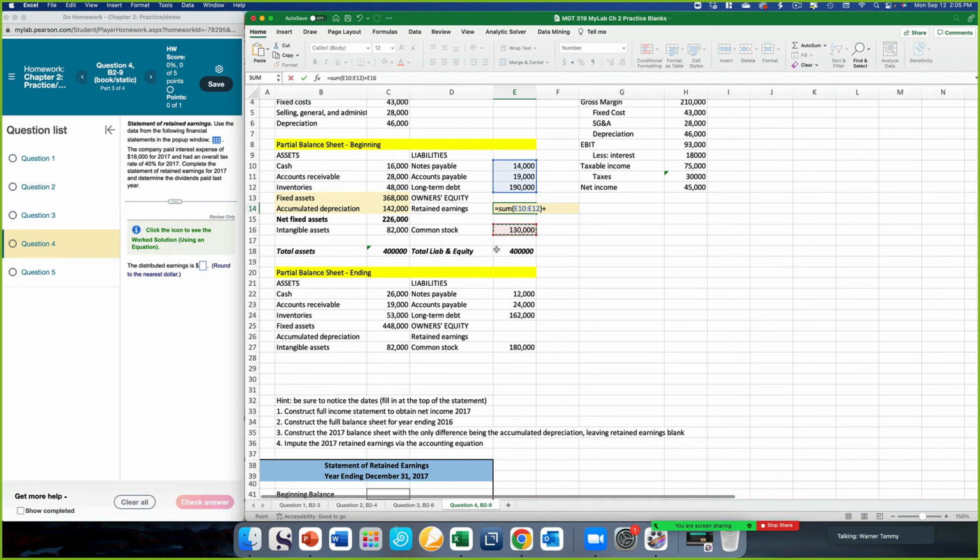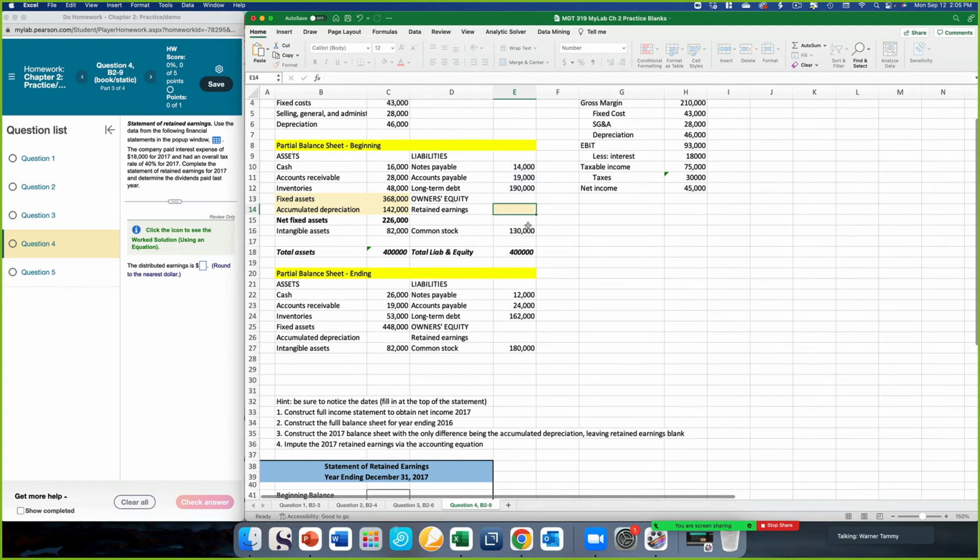And then, you know what? I did that formula a little backwards. Let me restate that. The value in the retained earnings account is going to be this total minus all of these. So it's the total liabilities and equity minus the sum of all the liabilities plus the common stock.